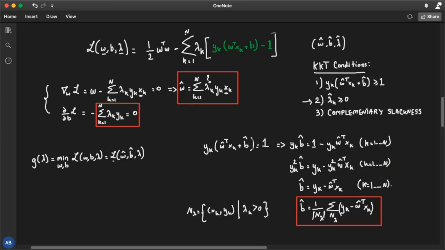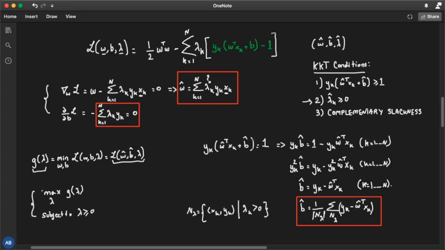So let's find this g of lambda. After I find an expression of g of lambda, my objective would be to maximize over lambda the function g of lambda, subject to the second KKT condition, that is, subject to positive lambdas.